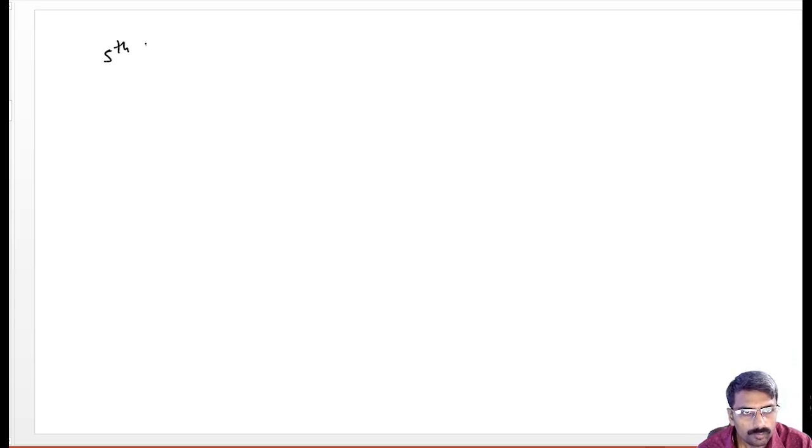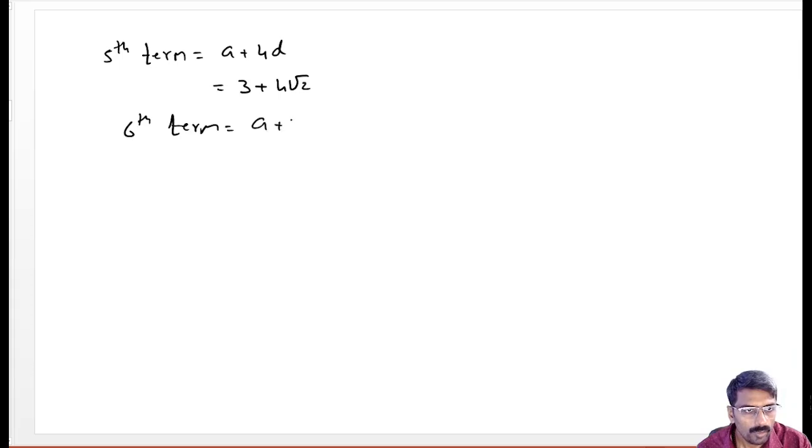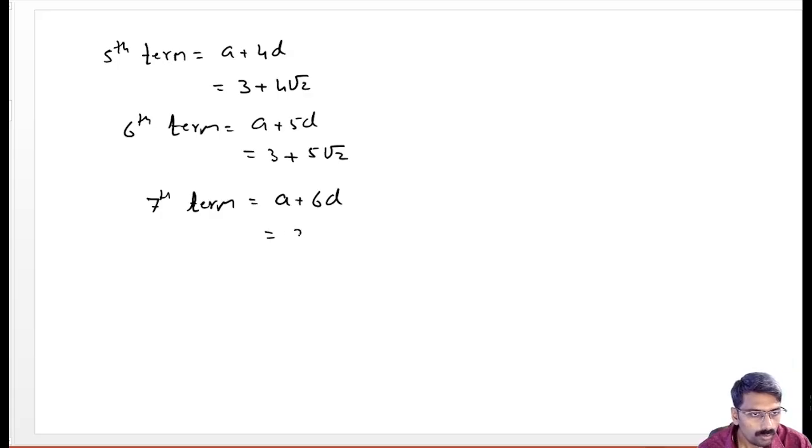Fifth term will be equal to A plus 4 times D, that is equal to 3 plus 4 root 2. So sixth term, A plus 5D, that will be equal to 3 plus 5 root 2, and seventh term will be equal to A plus 6D, that would be equal to 3 plus 6 root 2.